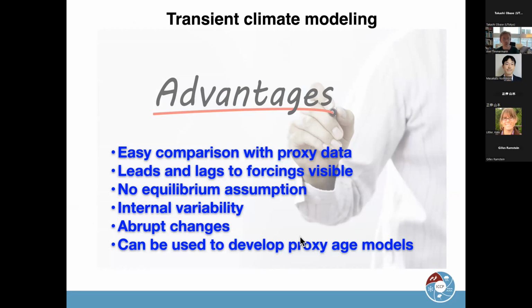We can look for abrupt changes in the system, and we can also use these climate models to develop proxy age models. That's something that I have tried to convince the community of many times. I think that these physical climate models, for certain aspects, provide a much more consistent way of building age models than statistical age models.